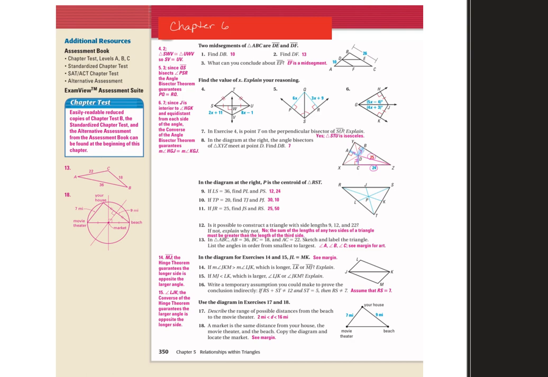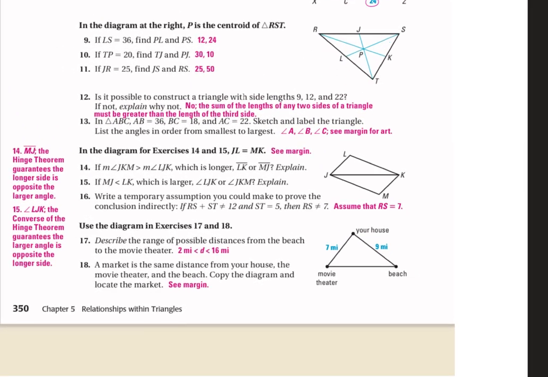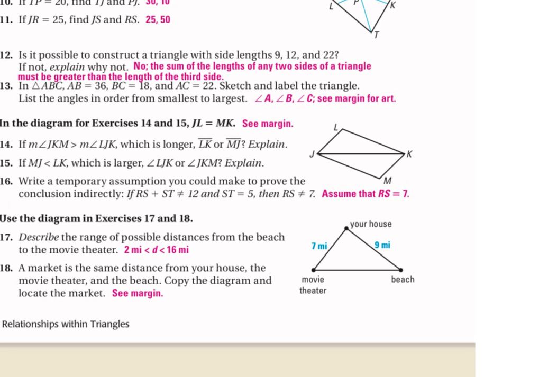Sure. So 14 says if JKM, which is this angle here, is greater than LJK, which is this angle here. So let's just say this is 50 and this is 40. We have no idea what the actual measurements are, but at least I get an eyeball on which one's bigger. It says which one's longer, LK or MJ. In the directions, it says JL is congruent to MK, so you have one pair of congruent sides.